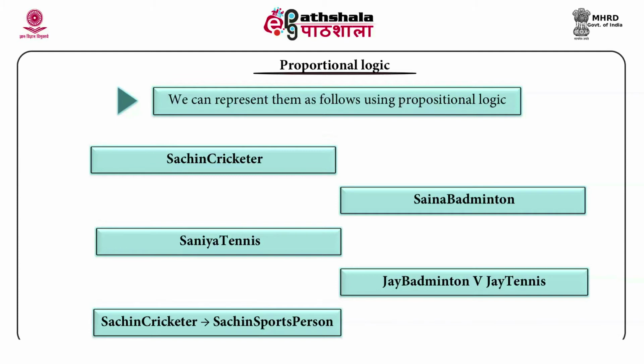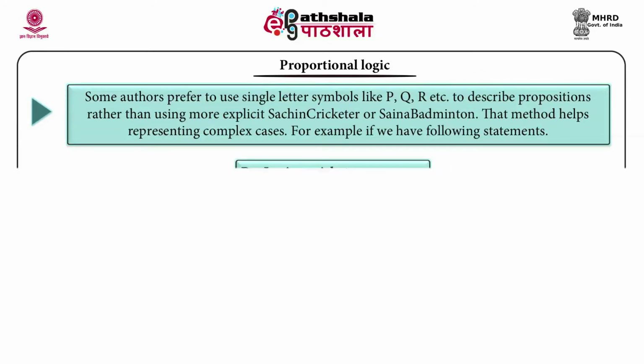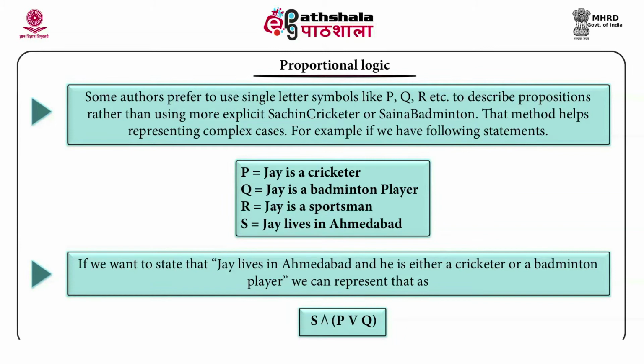You can see this is a pretty simple way of representing the knowledge. In many cases, people do not use these long phrases, they use only single character representation, like for Sachin cricketer you just have P, and Saina badminton will have Q, and so on and so forth. What is the advantage? The advantage is that you can represent a huge long statement in a very short form.